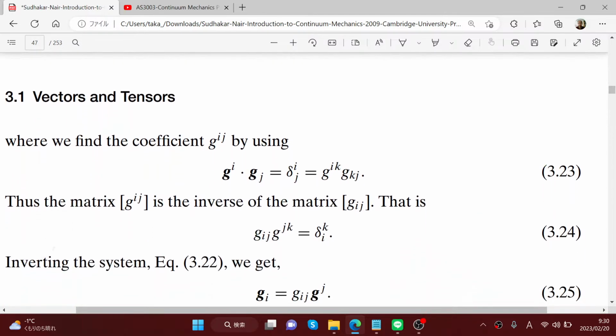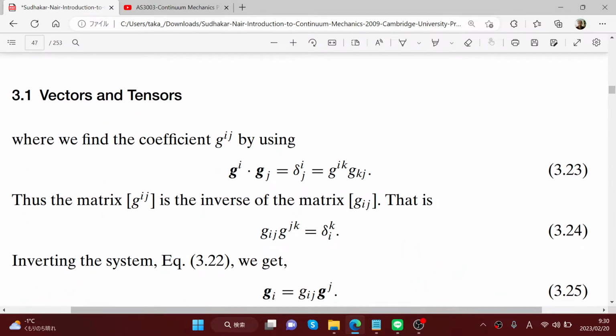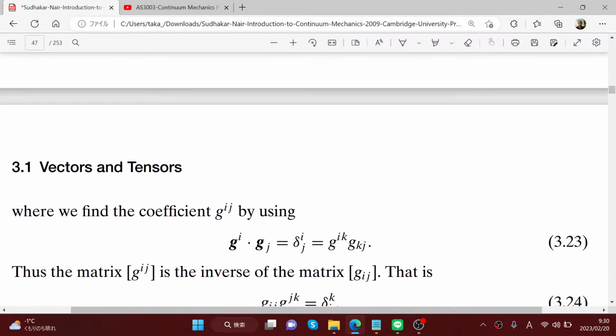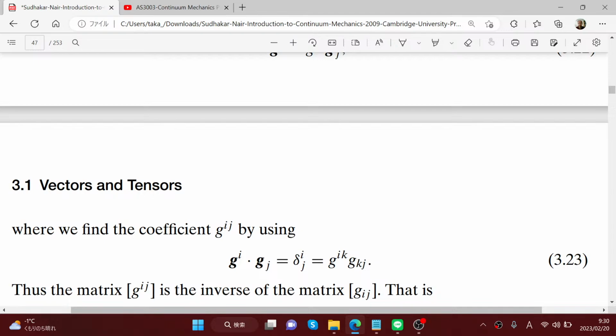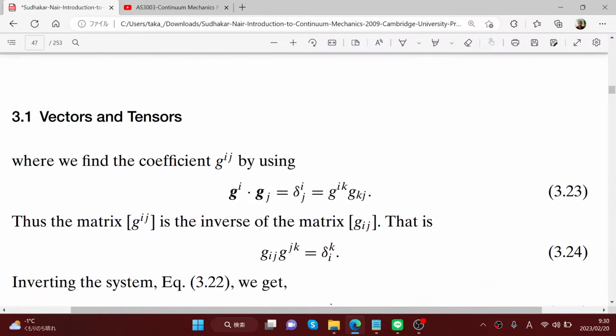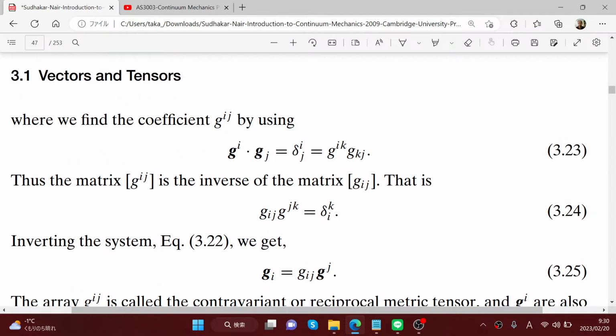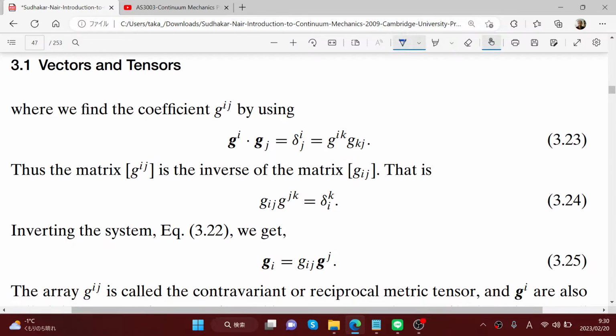So we have done this, where we find the coefficient Gij by using this here. Last time we got Gjk, but this is the same as Gkj, as I just explained.